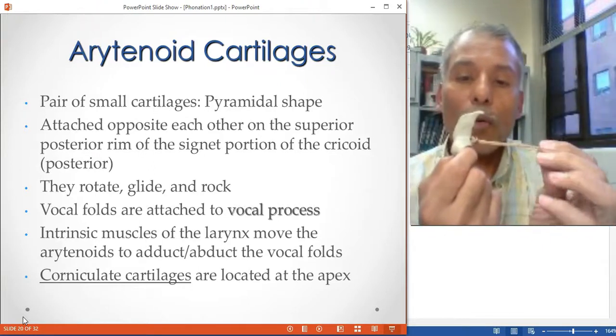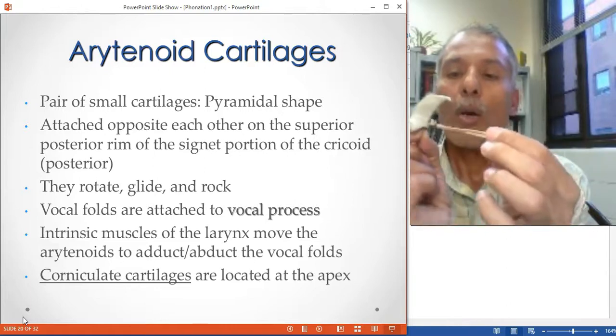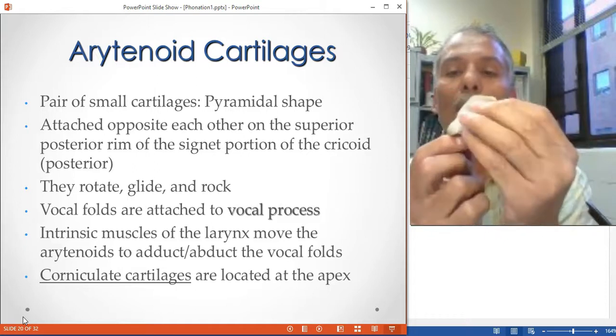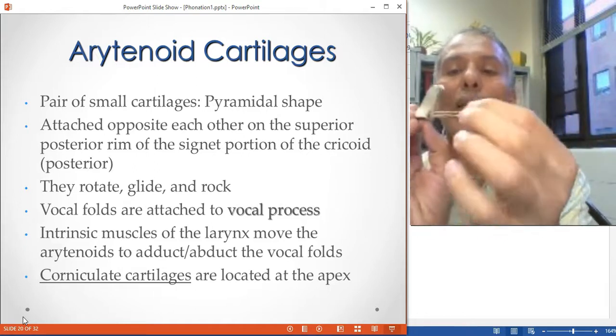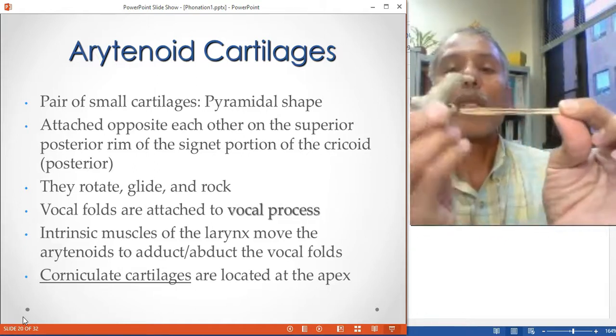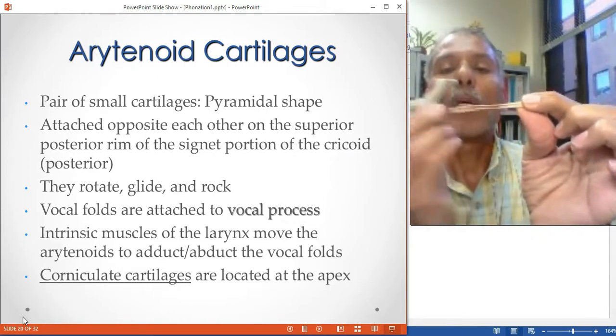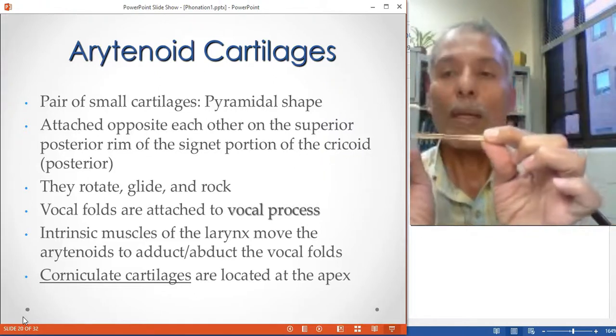It has a vocal fold attached to it. If you take one arytenoid and twist it like this, then you have swung the vocal fold closer to the midline.